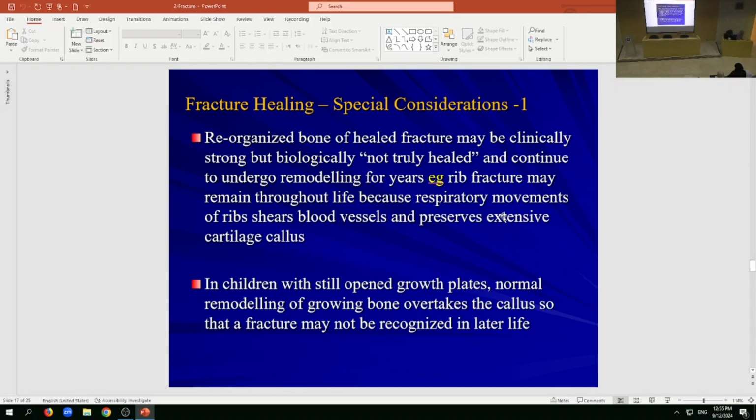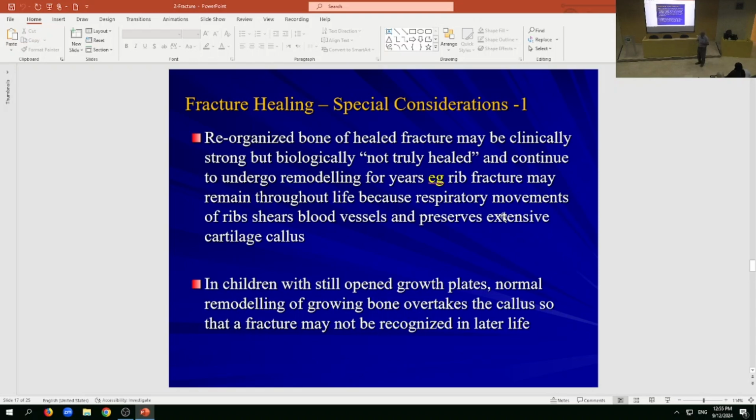These are special considerations that I would like you to take note of. The orthopedic people probably tell you something else or additional, but take the rib, for example. Reorganization of a healed fracture of the cartilage may look like it is healed, but it is not truly healed because of the shear movement.